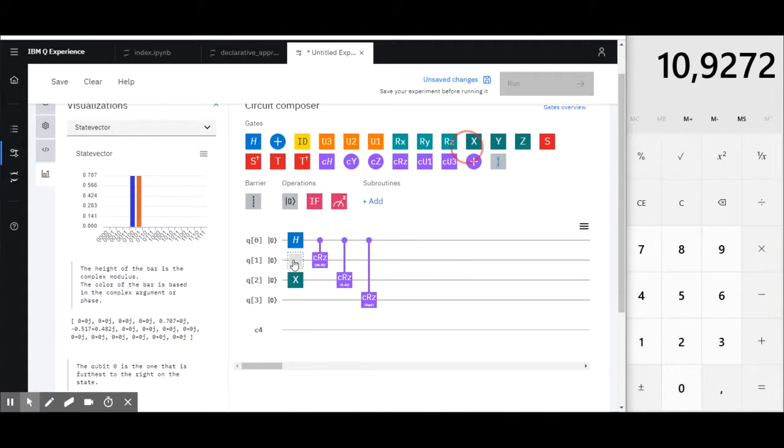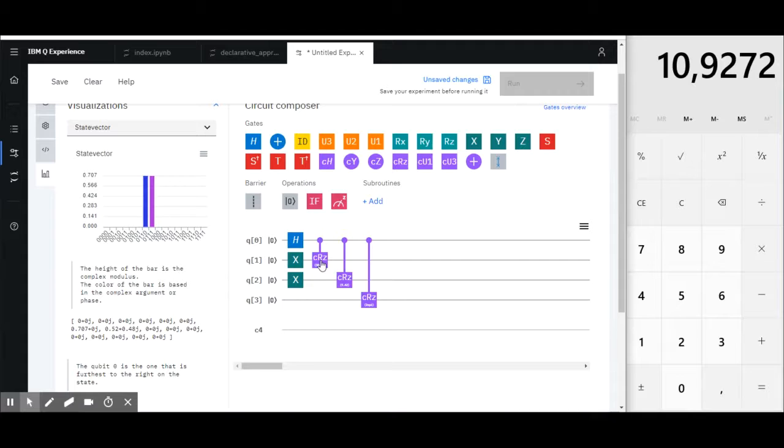If this is 3, because this is wrong. Those numbers here are wrong.